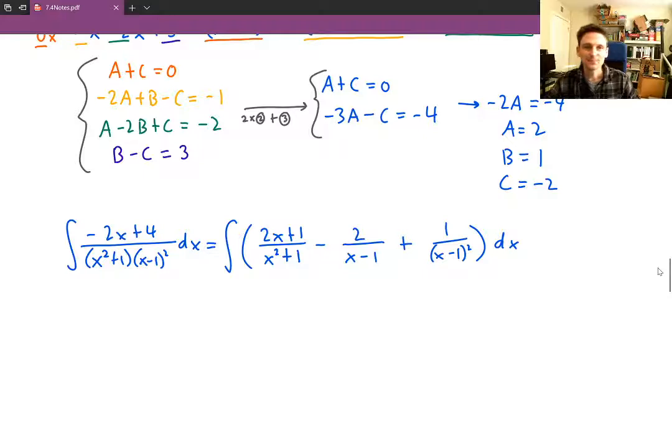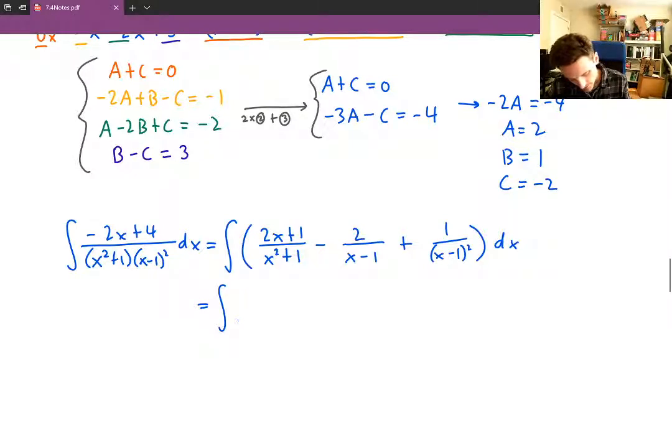Okay. Now we're going to integrate term by term. This first fraction, the 2x plus 1 over x squared plus 1, that one may look a little bit tricky. How are we going to integrate that one? Well, it turns out that if you take that fraction and you split it up into 2 fractions by this plus on the top here, so do 2x over the bottom plus 1 over the bottom, that's going to make it easier to integrate.